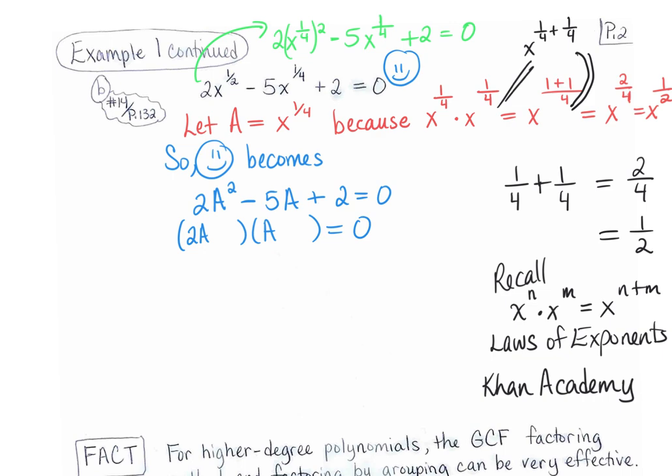Okay? So you want 2 numbers that multiply to give us a positive 2. But when we take into account we want our middle term to be negative 5A, whenever you're using the FOIL method, which parts of the FOIL, the F, the O, the I, or the L, gives us this negative 5A?